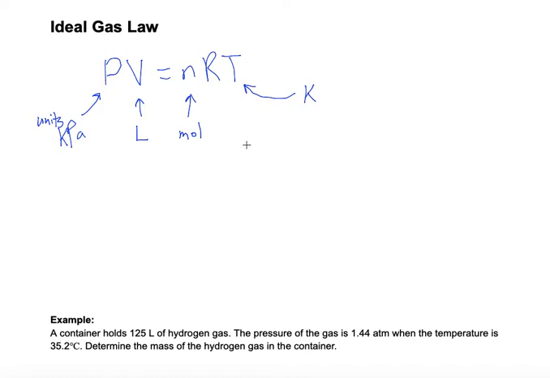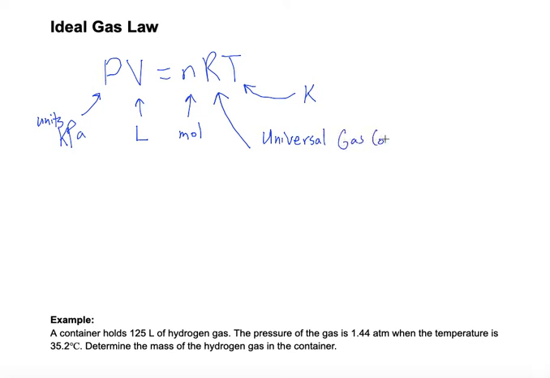Now this R is a new one, and if you've looked at the notes, you'll have an idea. But if not, the R is the universal gas constant, and it has a specific value depending on the units that you're using.